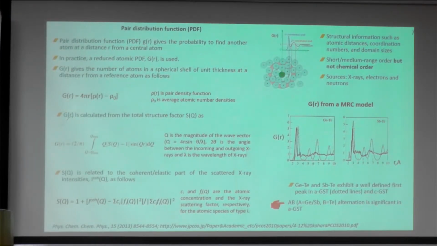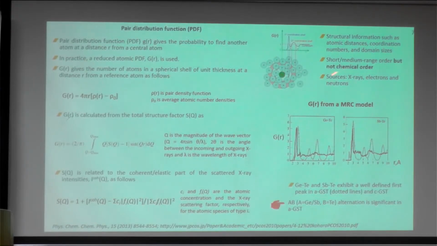Here, if we consider one atom in the center, it gives you distances from this center to other atoms. So you can study short and medium range order, but not really chemical order. It gives you no information on this.